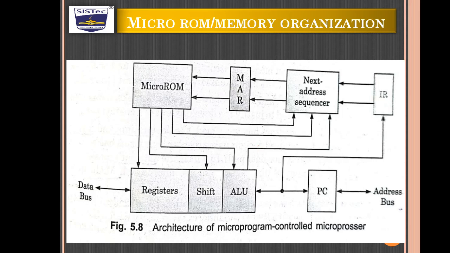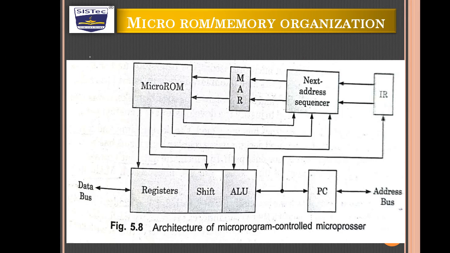This is the architecture of a microprogram controlled microprocessor. This is a simplified block diagram for microprogram controlled microprocessors. In this diagram we see a memory address register, an instruction register, and a program counter. The micro program controller drives a data path with registers, a shifter, and an ALU.